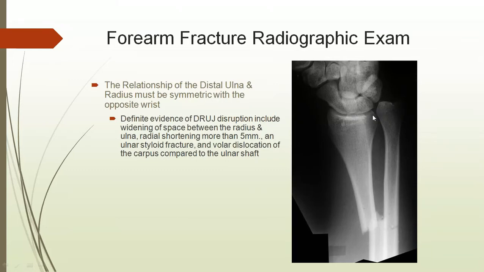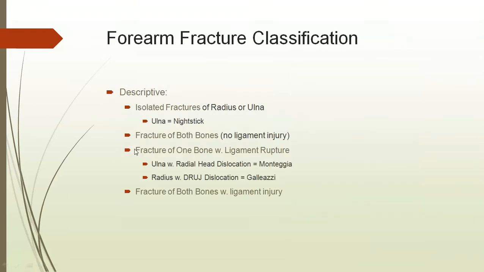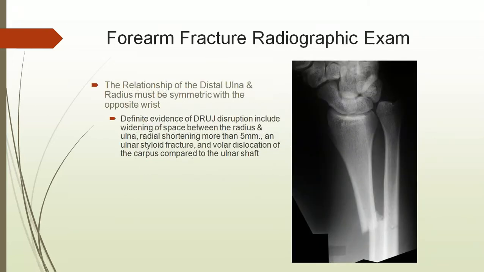This is the distal radioulnar joint. Definitive evidence of distal radioulnar joint disruption includes widening of the space between the radius and ulna.